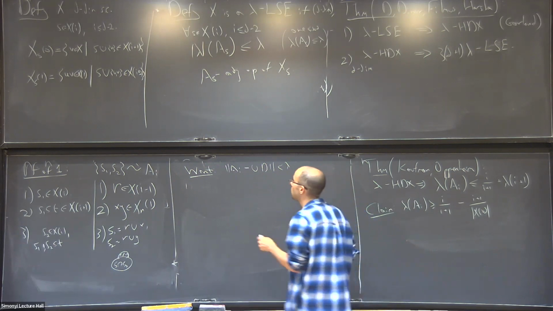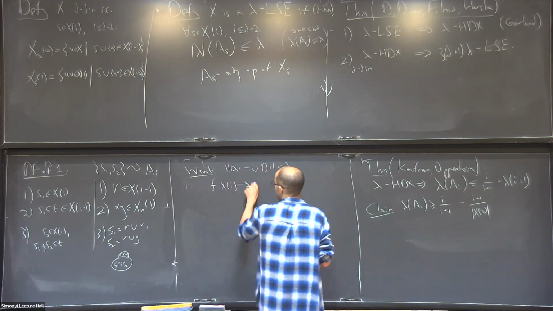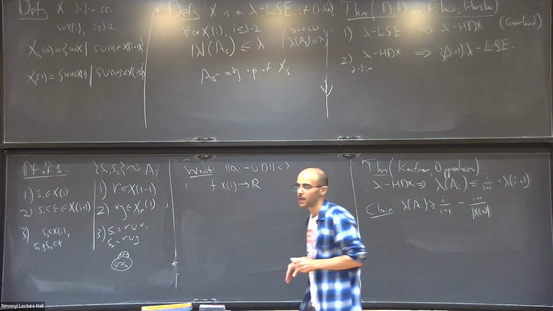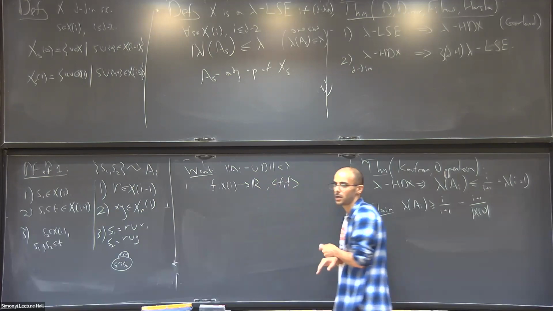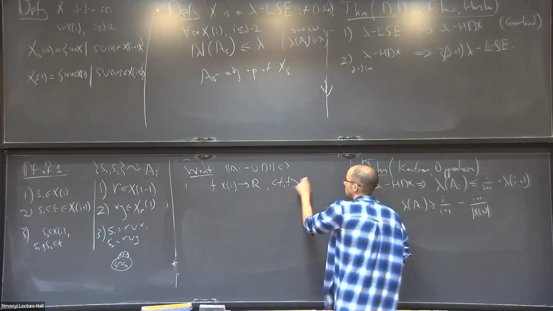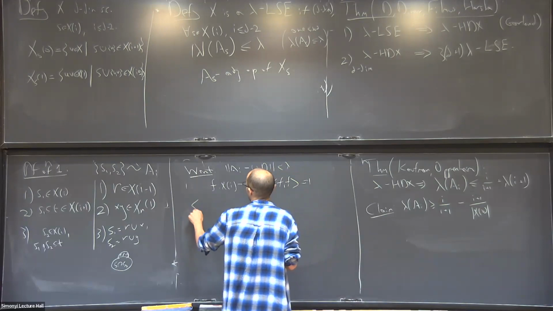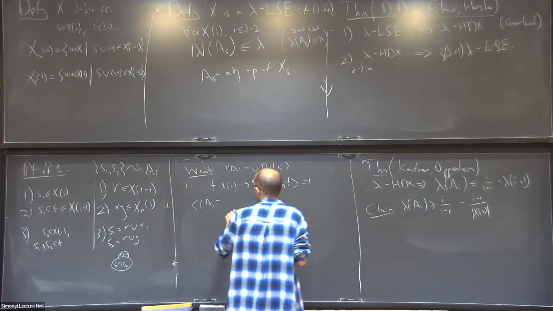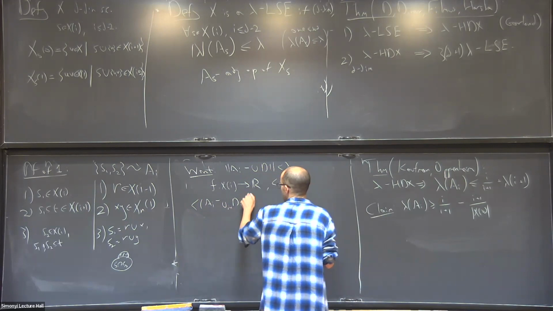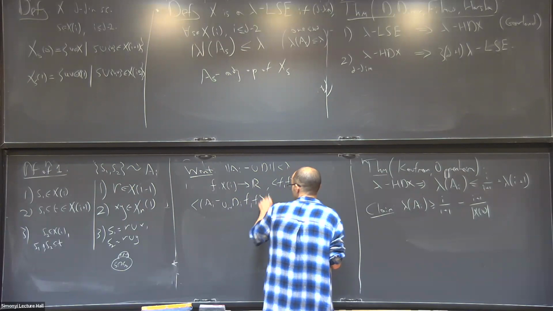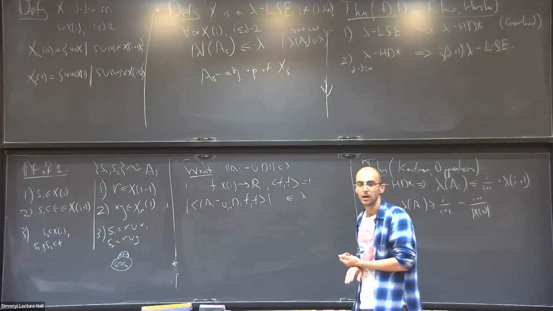So again, we take a function f over the i-faces, and let me assume that it's normalized. What we want to show is that the inner product of (A_i minus D_i U_{i-1}) f with f, in absolute value, is less than or equal to lambda.